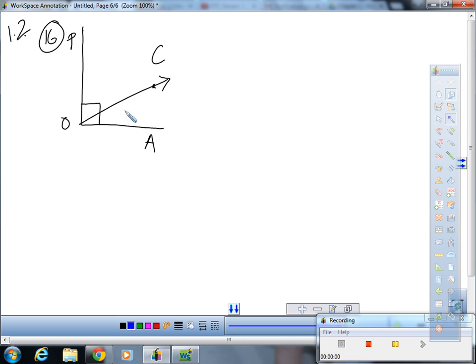If I called COA x, then what would POC be? It would be 3x. And what do we know to be true about this entire angle? So now we can say 3x plus x equals 90. 4x is 90.